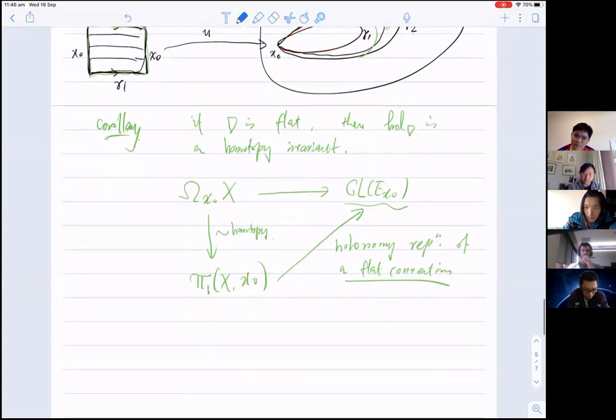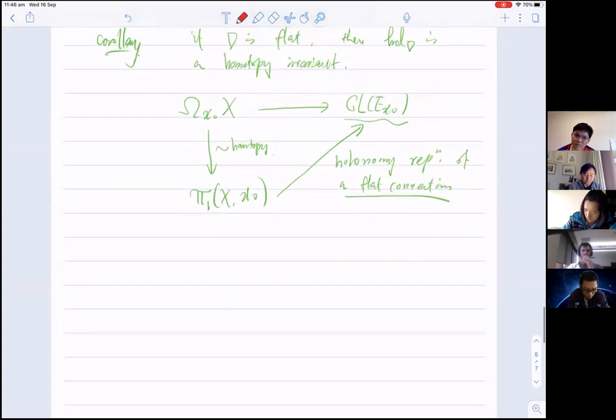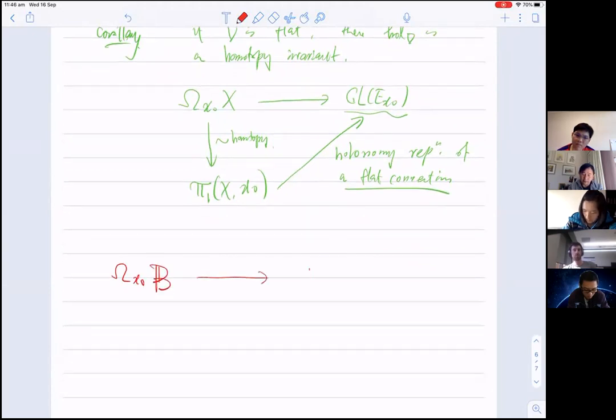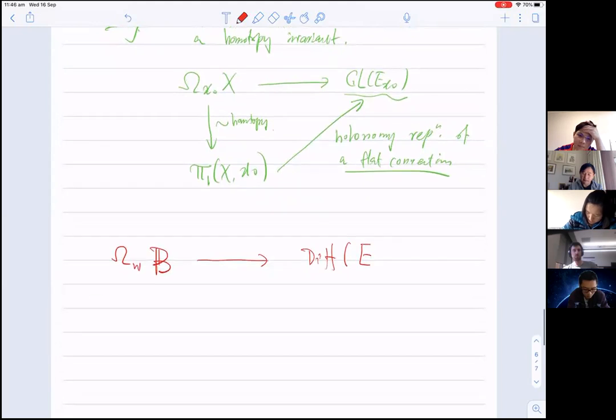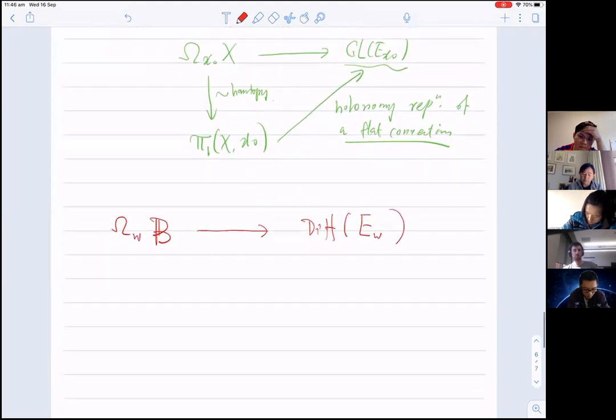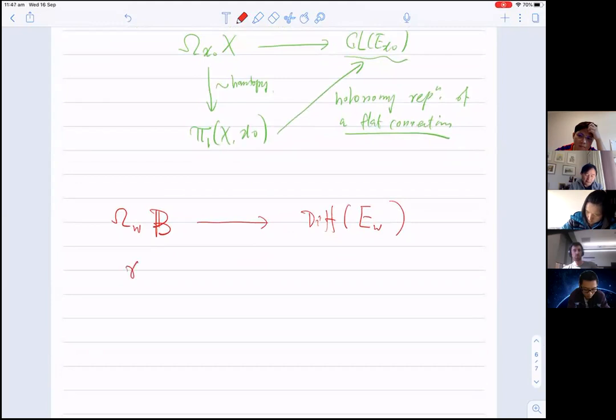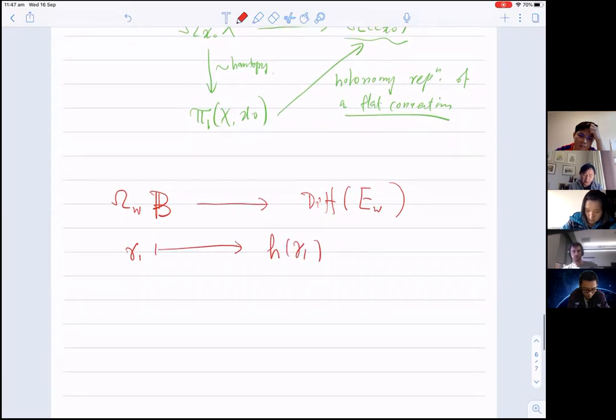So usually, in your case, maybe this is D, maybe the base, and then you have a diffeomorphism of the fiber, maybe W. Okay, so this will be EW, and then you have this monodromy, maybe just denote this as the monodromy, and if this is a homotopy, then of course they give you the same path.